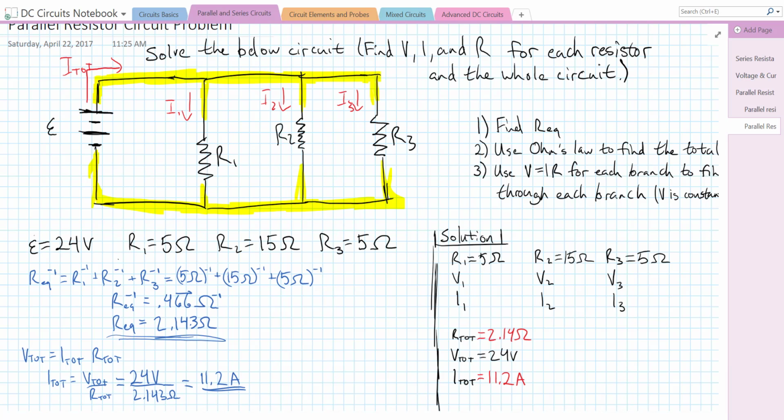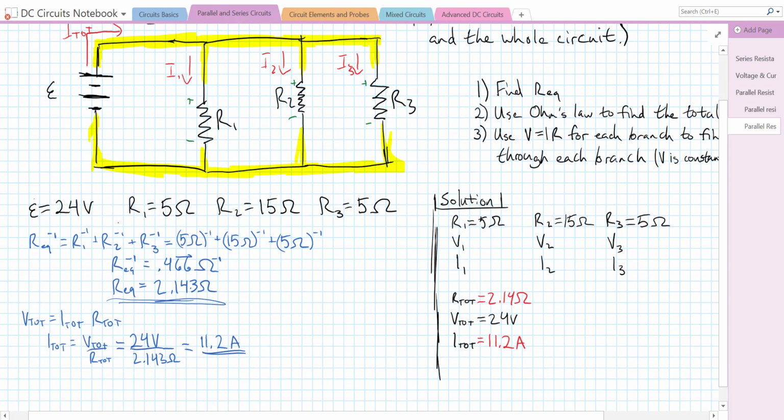It's got to be 24 volts if we start in the same place and end in the same place. So that means the potential difference across each one of these resistors has to be also 24 volts. So I'm going to fill that in over here. It's going to be 24 volts, 24 volts, and 24 volts.